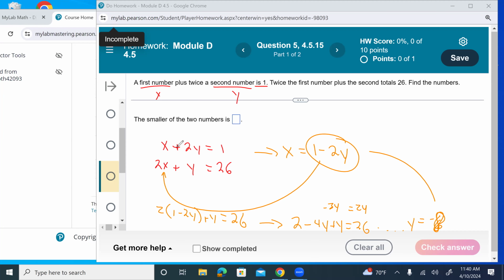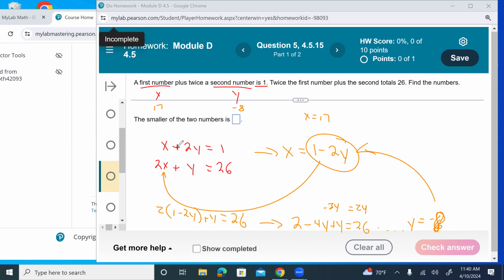Fine. 1 minus 2 times Y. So 1 minus 2 times -8. That'd be 1 plus 16. So it looks like X is 17. And so the first number is 17 and the second number is -8.